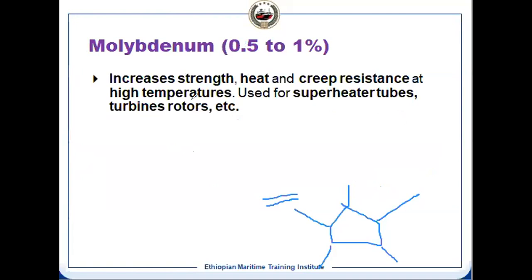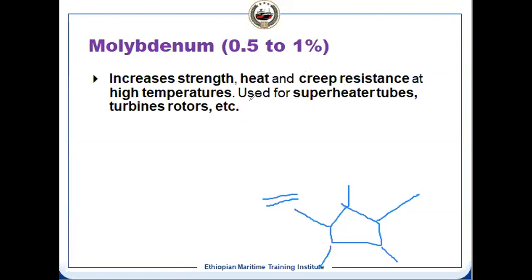Then molybdenum. This is another alloying material, because in a different chapter we have seen, you can correlate why we use this. This molybdenum we use for the exhaust valve, for example. Because it is working at very high temperature, it gives creep resistance, strength also increases, heat resistance also.